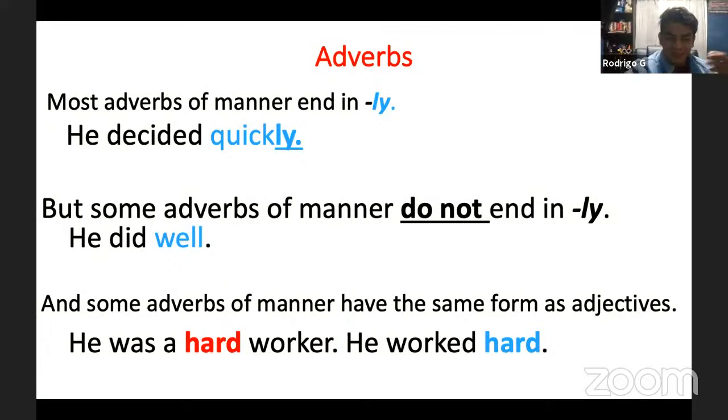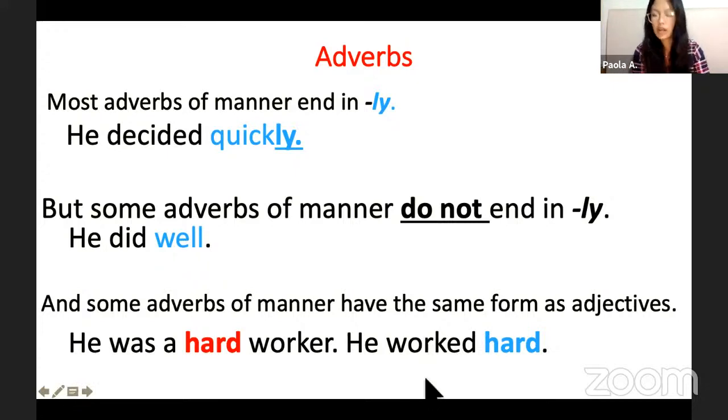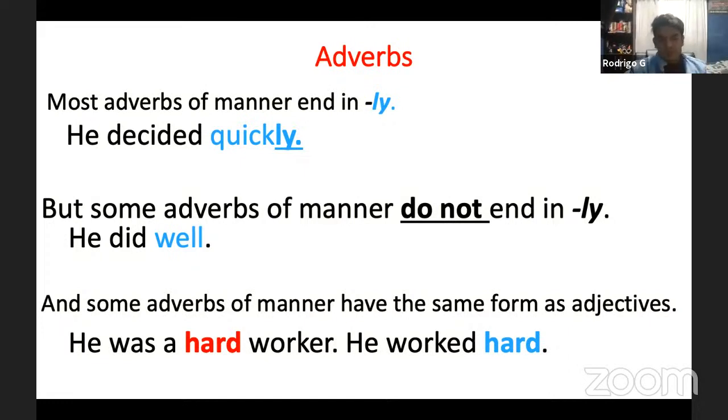How did he work? We could ask, no? He worked hard. It's describing the action. Obviously, he's doing both, right? But here, hard is acting directly on him. And here, hard is describing the action, his performance, right? So that's the main difference between both of them.